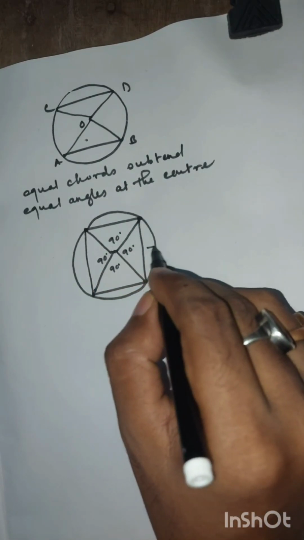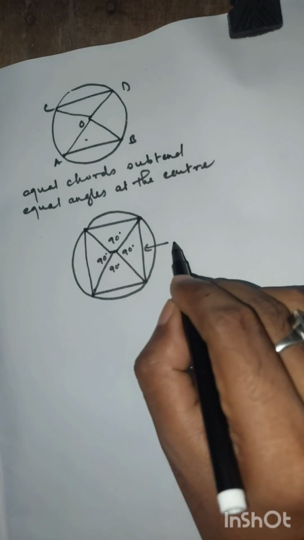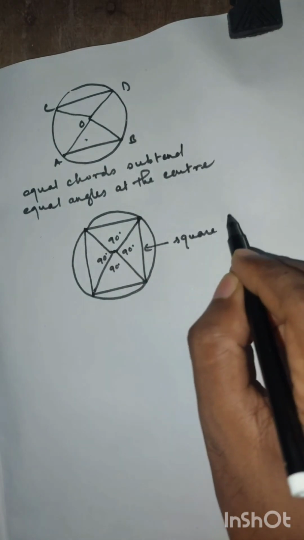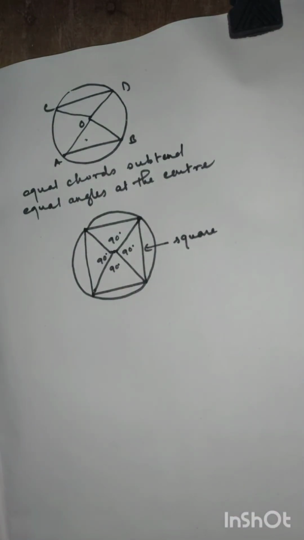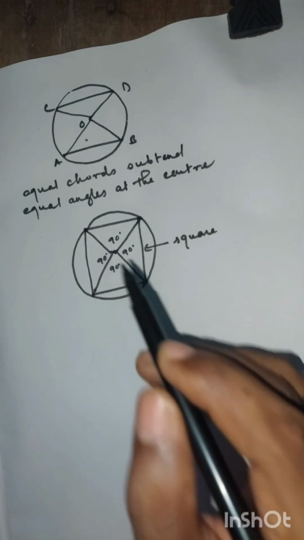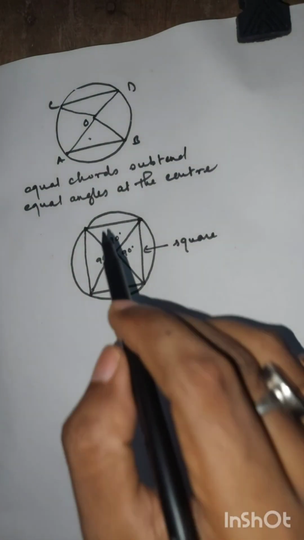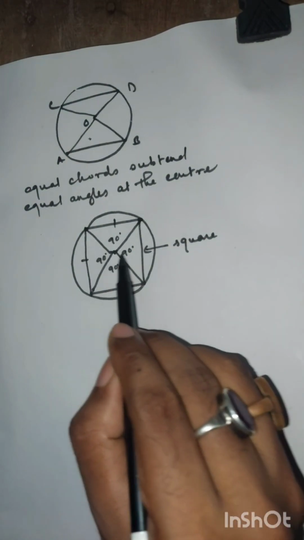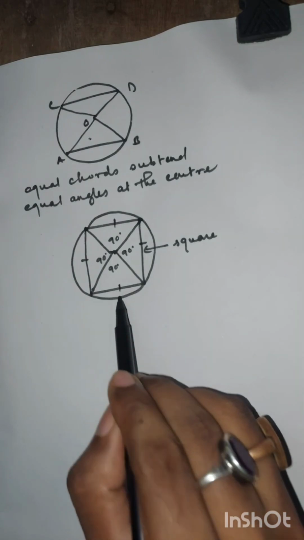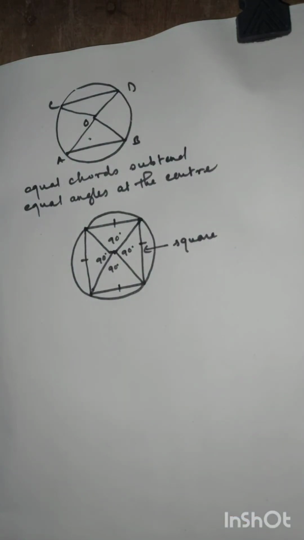This is a square inscribed in a circle which has equal sides. So they will subtend a 90-degree angle at the center.